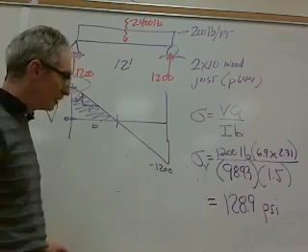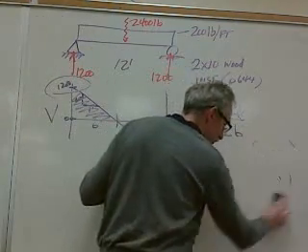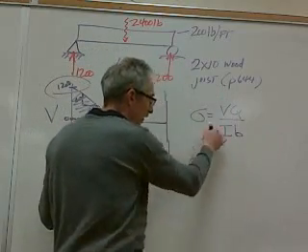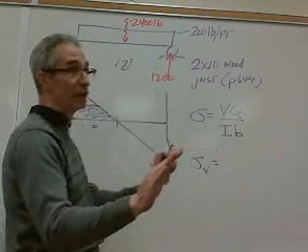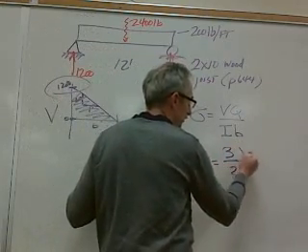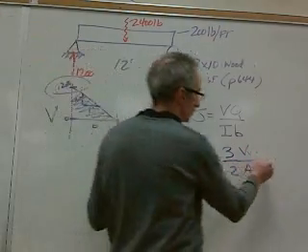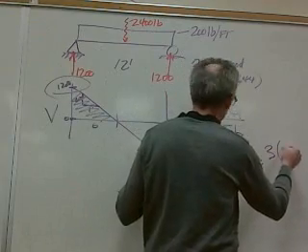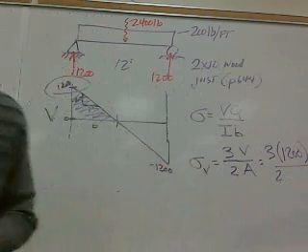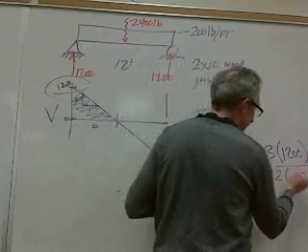All right. Let me show you something real quick. Now this only works with rectangular shapes, like when you're dealing with sawn lumber shapes. A shortcut to this formula, only for rectangular shapes, is this: 3/2 V over A. 3 times the shear, which was 1,200, divided by 2 times the area, which I can take out of my table as 13.88.